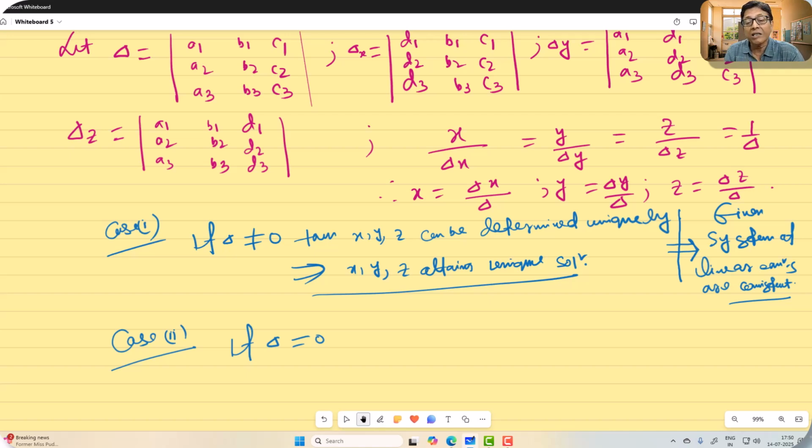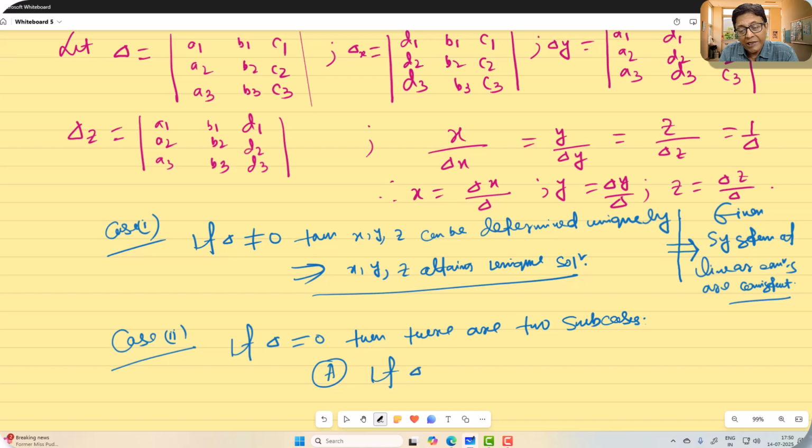If delta equal to 0, then there are two subcases over there. Number 1, or part A: if delta equal to 0 and delta x, delta y, delta z are all equal to 0.